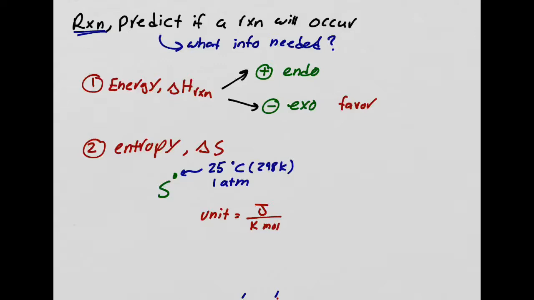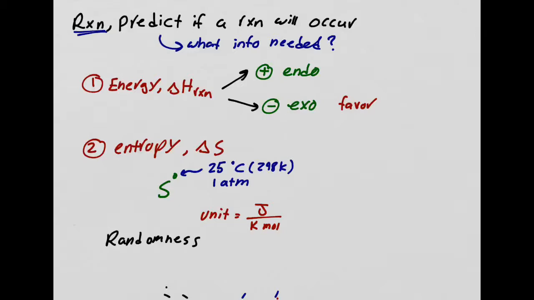Okay. All right. Now, what does entropy mean? Entropy means randomness. Let me write it down. Randomness.